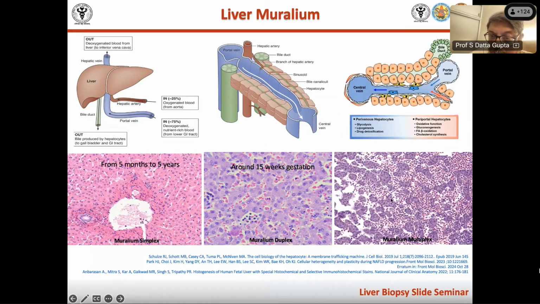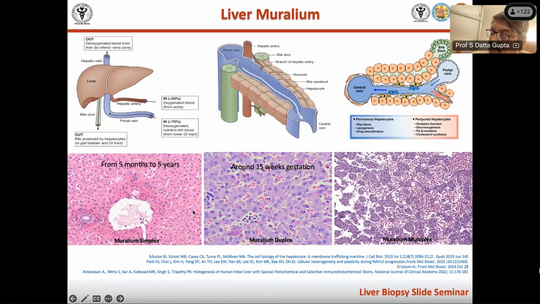And in fetuses of less than 15 weeks, you will find multiple layers of hepatocytes in the cords of cells. That is called muralium multiplex. So anyway, one cell thick, two cells thick, three or more cells thick. In adults, one cell thick is normal.